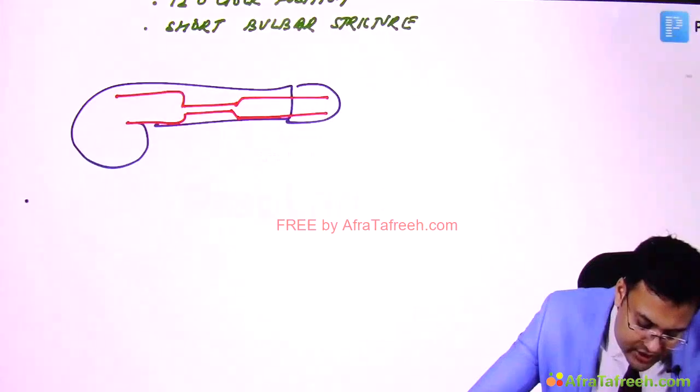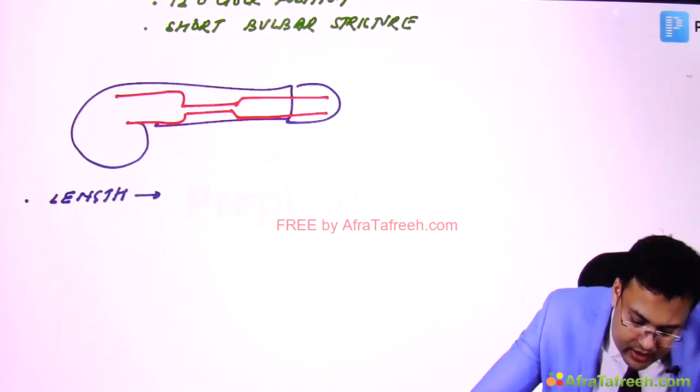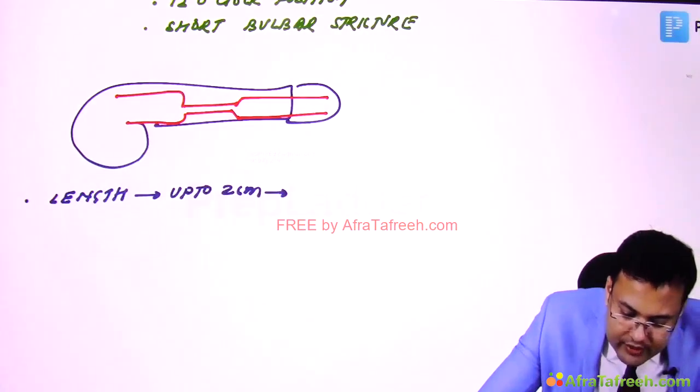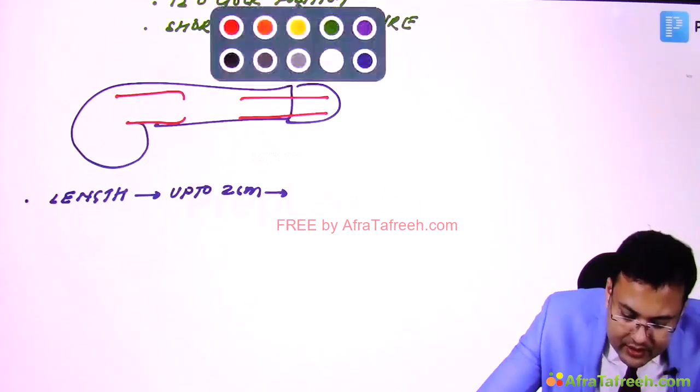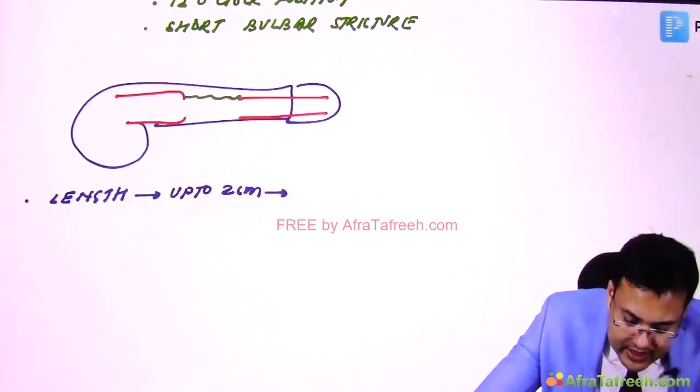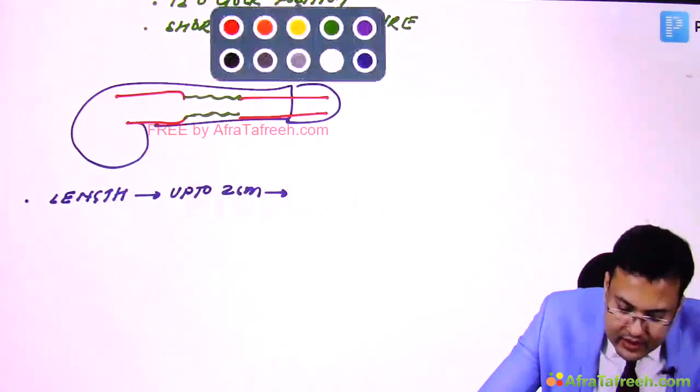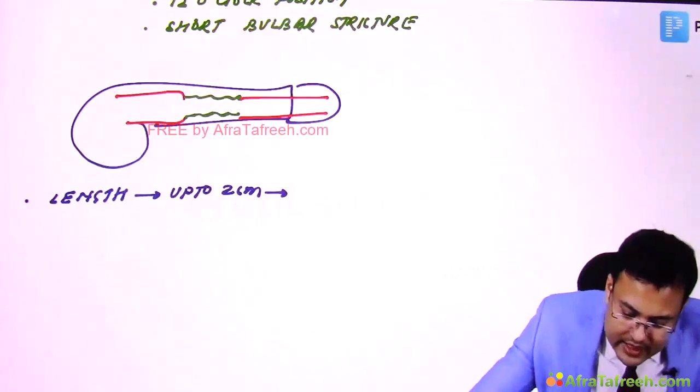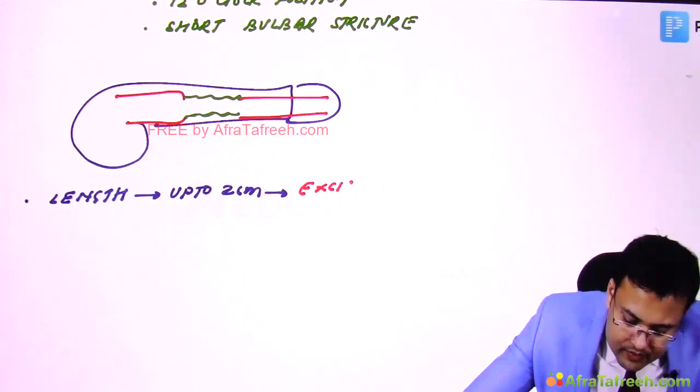So two situations: if the length of stricture is up to 2 centimeters, here we go for excision with end-to-end anastomosis.